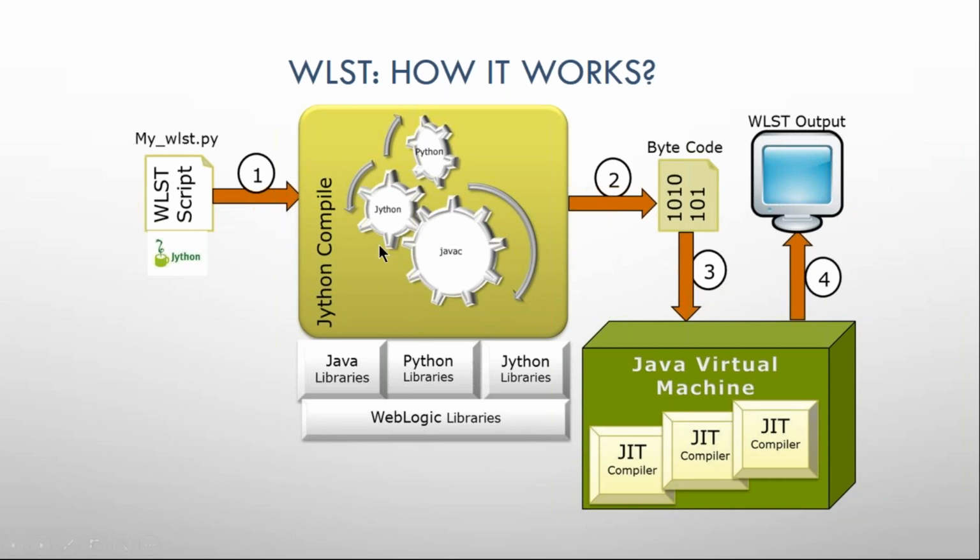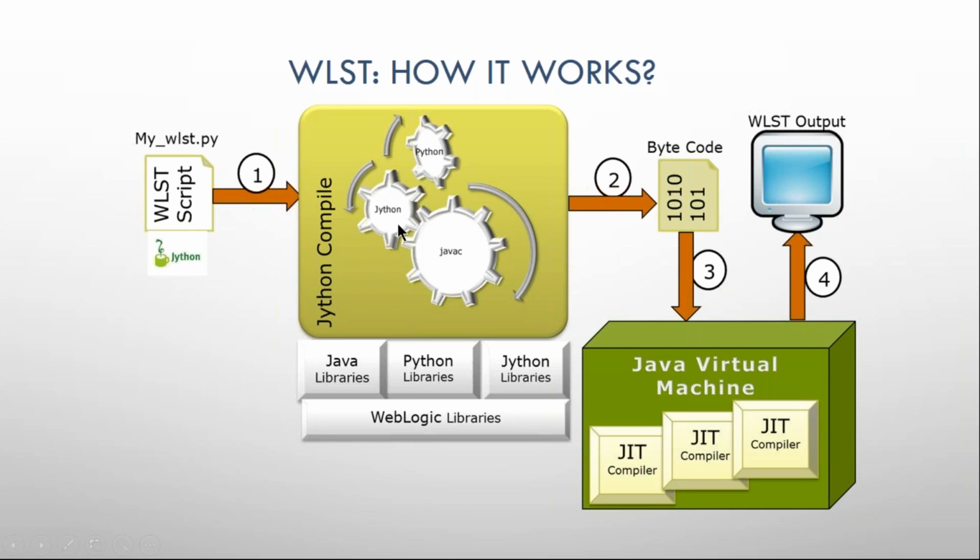So this is how WLST interacts with the different types of libraries, and at the bottom WebLogic libraries are also used. In WebLogic, we have the WebLogic domain and the WebLogic server installation. The server lib is going to have the weblogic.jar file that will actually support this library to run WLST.